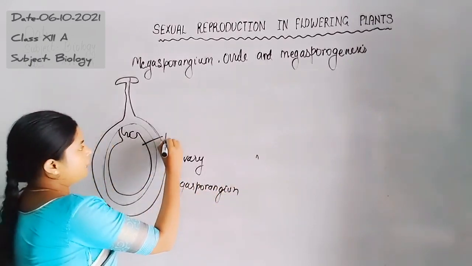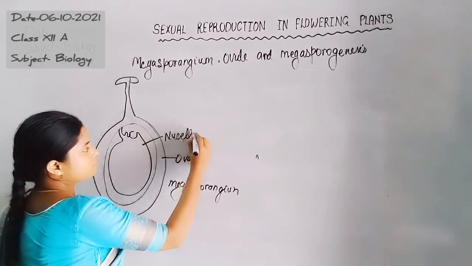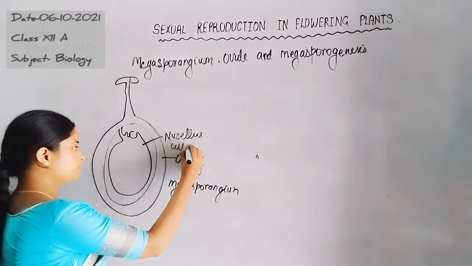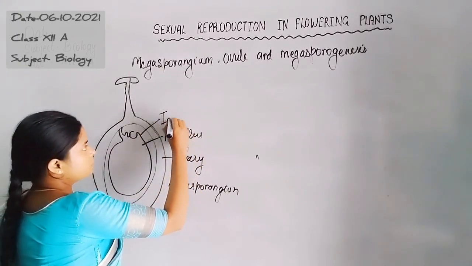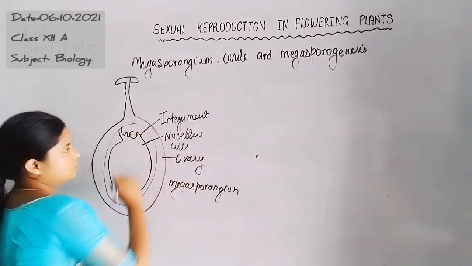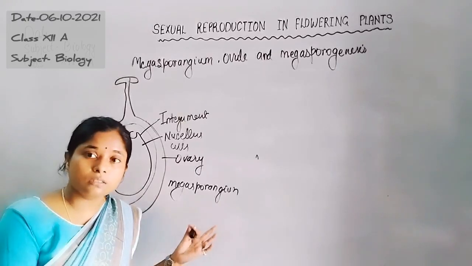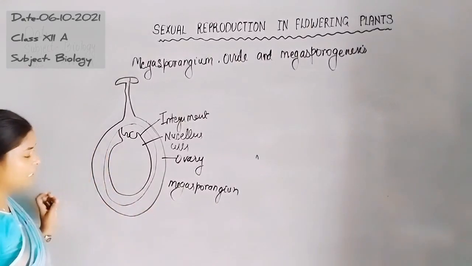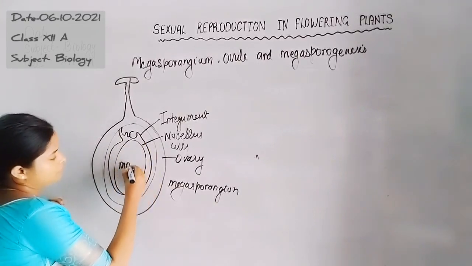It is formed by nucellus cells and integument. So overall this is the structure. Now inside the megasporangium, the megaspore mother cell is present.